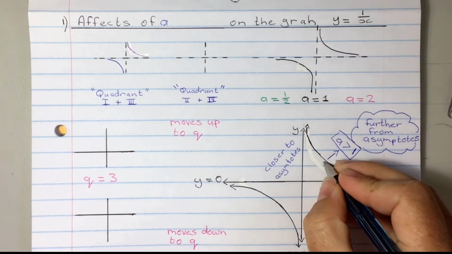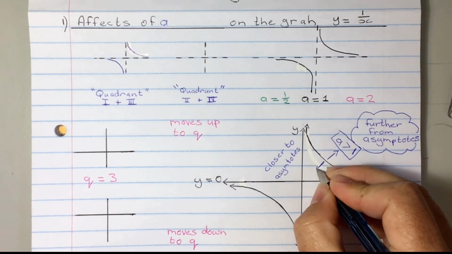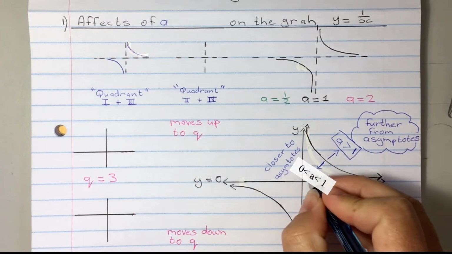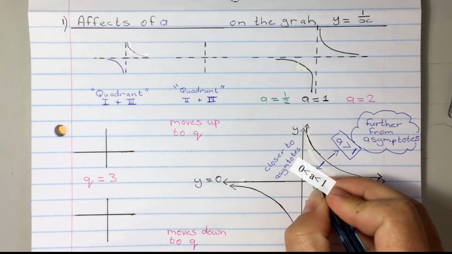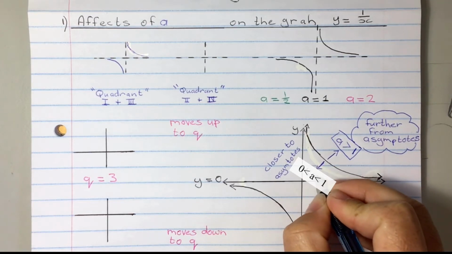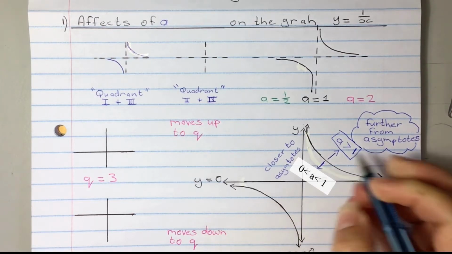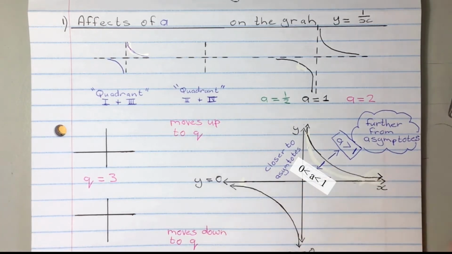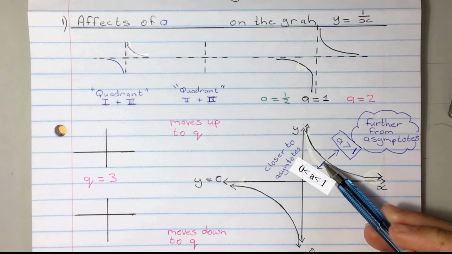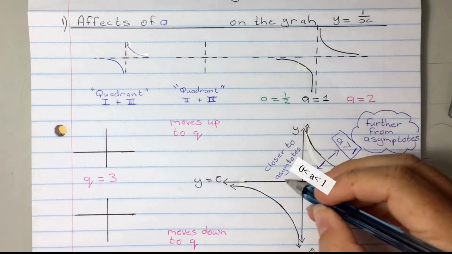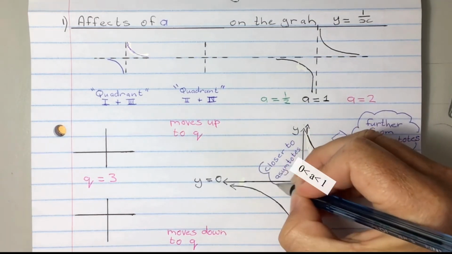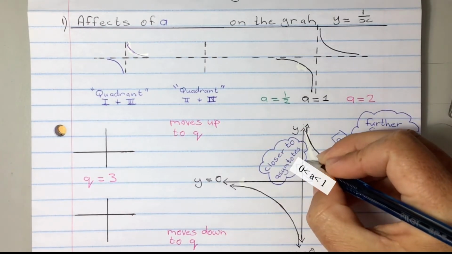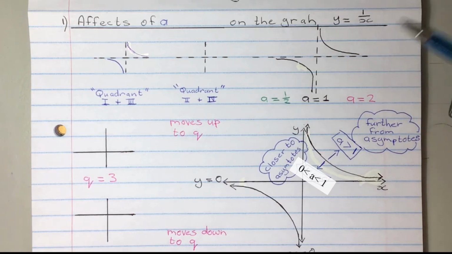And if we make A less than 1, staying in the positive A's, so we should say A is less than 1 but greater than 0 here. Okay, oops, I squished that a bit. Then our graph is going to move closer to our asymptotes. There we go.